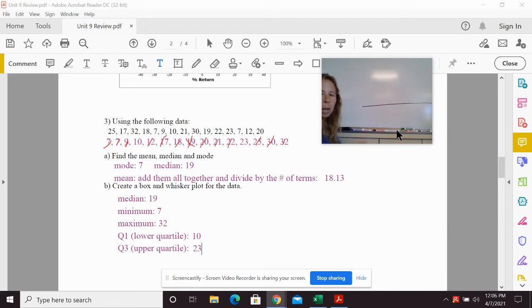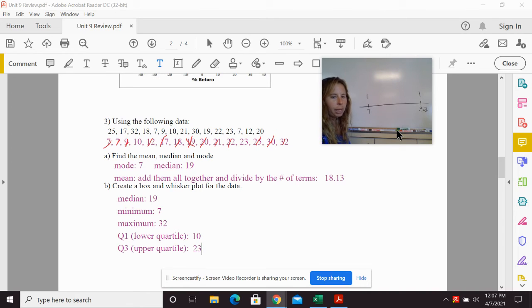Okay. So, my lowest was 7. So here, I'm going to put a mark at 7. That's my lowest. My highest was 32. I'm going to put a mark over here. That's 32. All right.